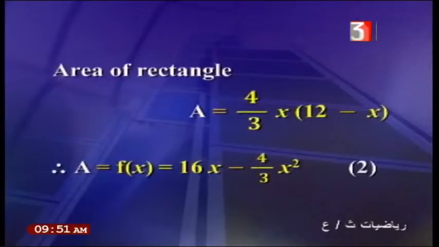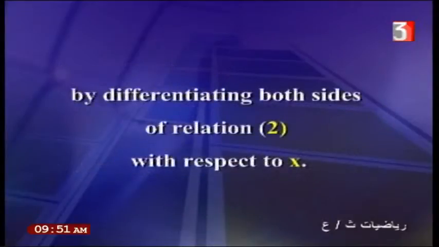By solving this mathematical model, we differentiate both sides of relation 2 with respect to the variable x. Then f dash x equals 16 minus 8 over 3 x, and the second derivative f double dash x equals negative 8 over 3, because the derivative of 16 equals 0 and the derivative of negative 8 over 3 x is negative 8 over 3.